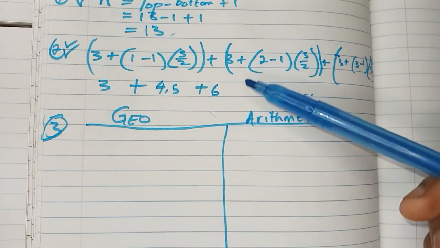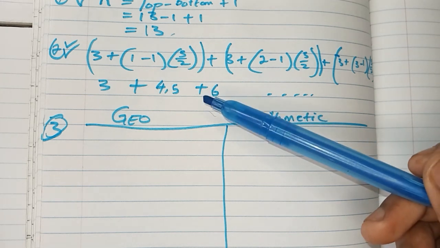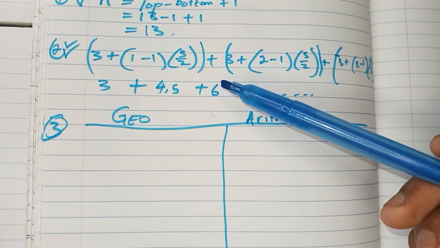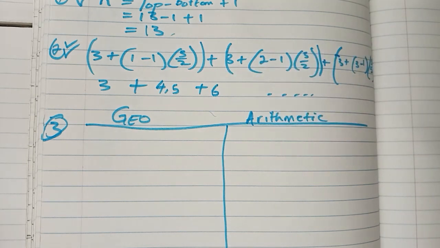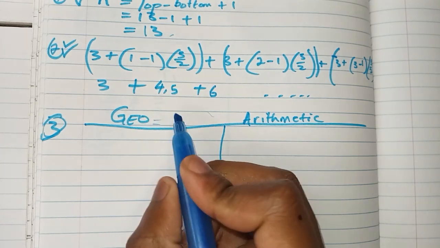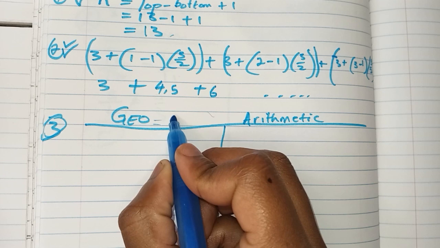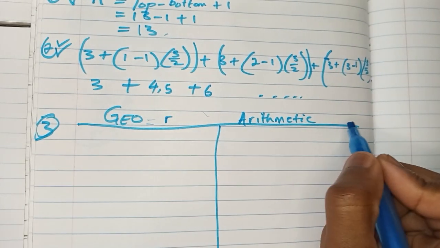All right, welcome to step number 3, and we are trying to identify if this series is geometric or arithmetic. Just like I told you guys, when we are dealing with geometric, we use R, and the R is for ratio.